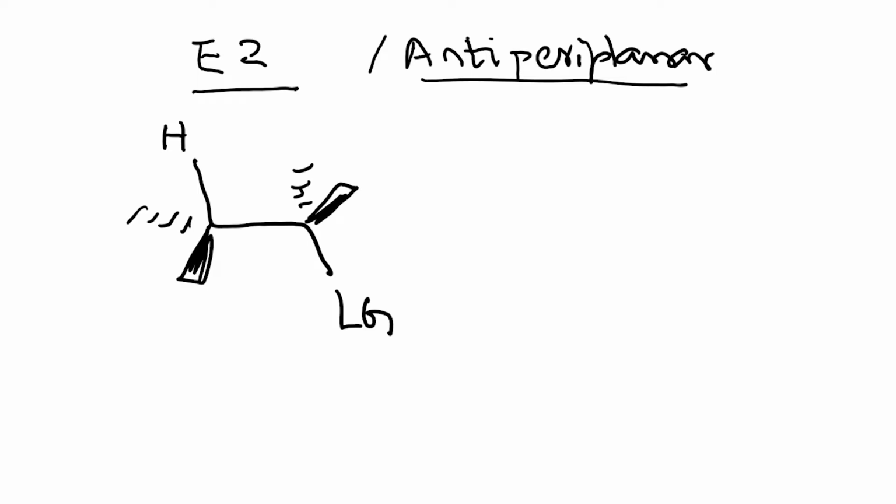And what happens is that this bond starts to break, and you have a new double bond that is being formed, and this bond starts to break. So you have this kind of an arrangement, and of course, just to be complete, the base is attacking here, and then you have the formation of the double bond and the leaving group leaving.